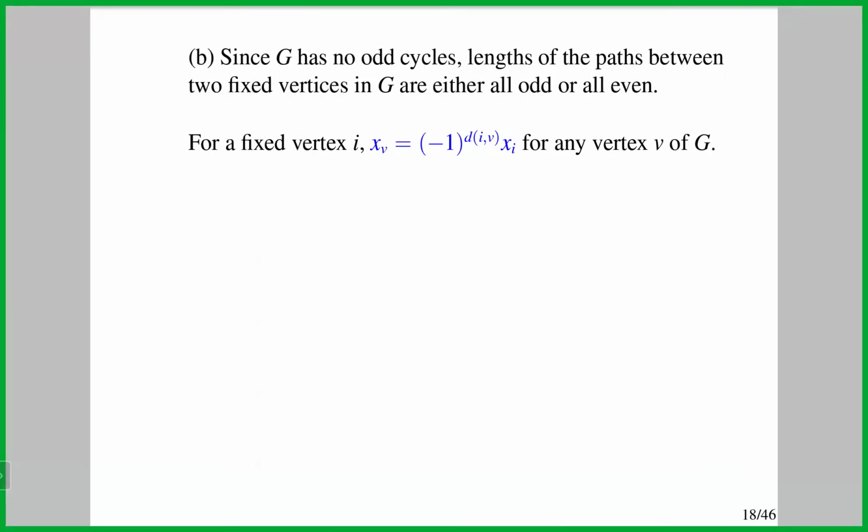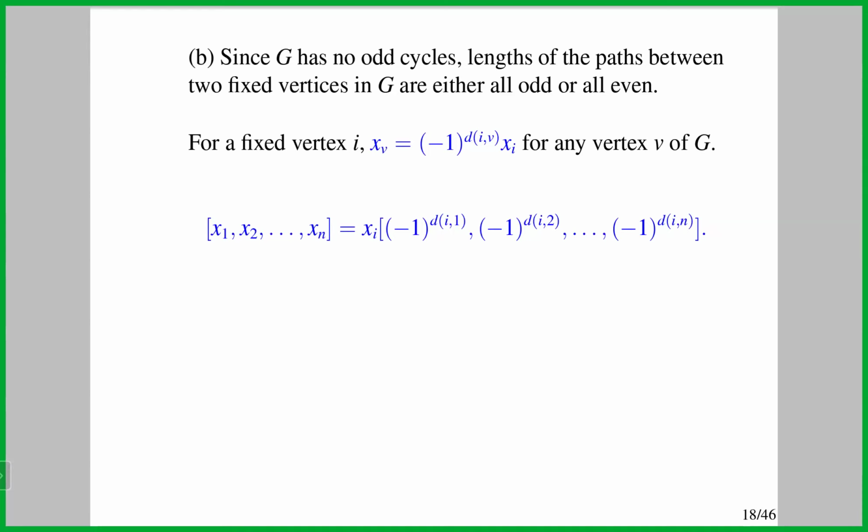So based on that, if you fix a vertex i, now look at any vertex v. So xv is going to be (-1)^(distance between i and v) times xi, which means x1 through xn can be written in terms of xi. So x1 through xn becomes xi times a vector whose first entry is (-1)^(distance between i and 1), second entry is (-1)^(distance between i and 2), and so on.